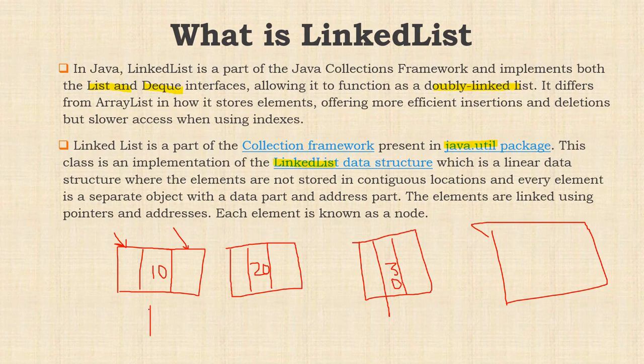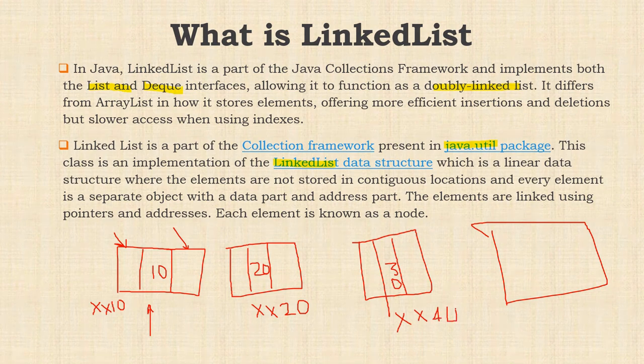Let's imagine the address of the first node is xx10, and the address of the second node is xx20. So 20 will be stored at address xx20, and 30 will be stored at address xx30. Then we'll try to understand how the doubly linked list works internally. It will not take more time because this is the basic concept.